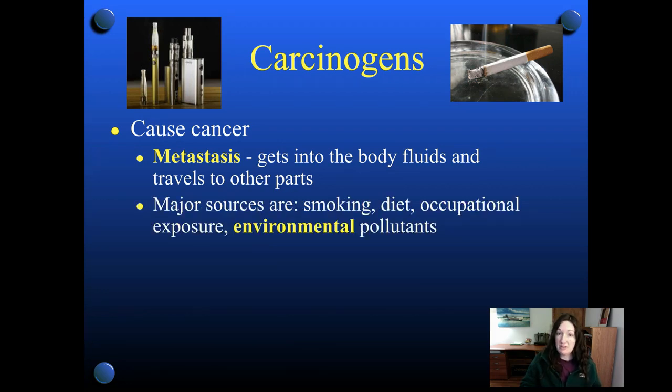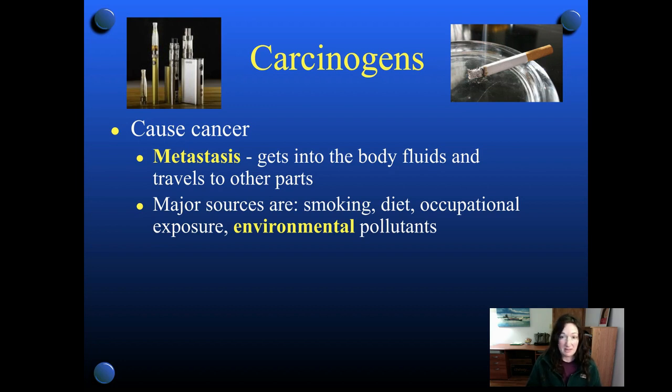Major sources of carcinogen exposure: smoking is basically you're just pumping carcinogens into your body constantly. And vaping is also a carcinogenic substance as well. So even though it has been promoted as better than smoking, it's definitely not carcinogen free. Diet.